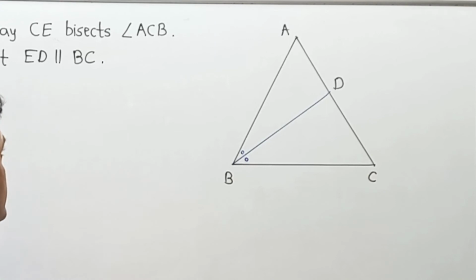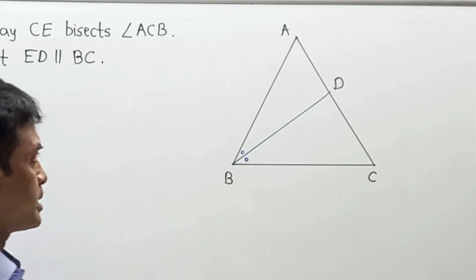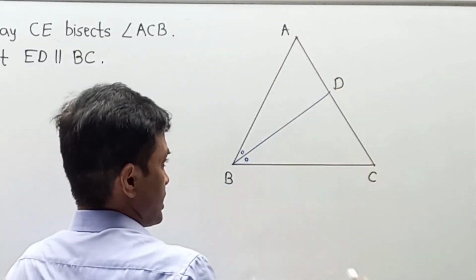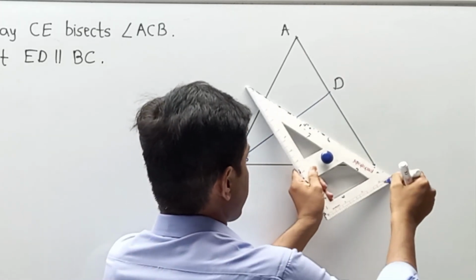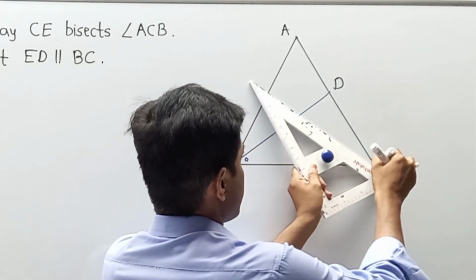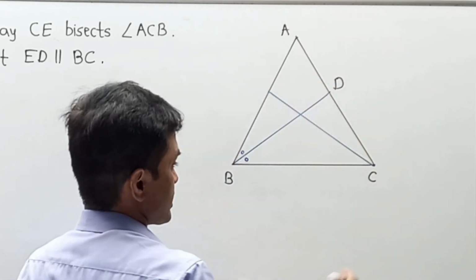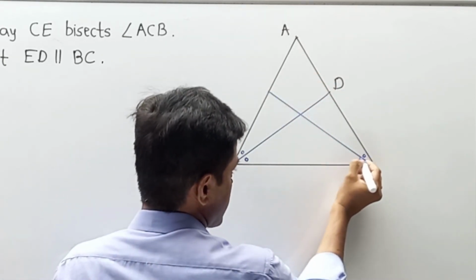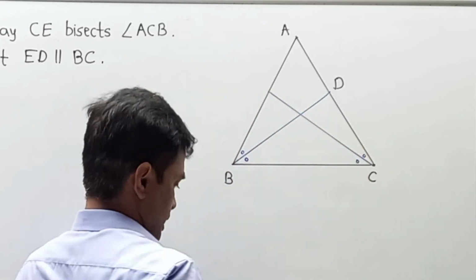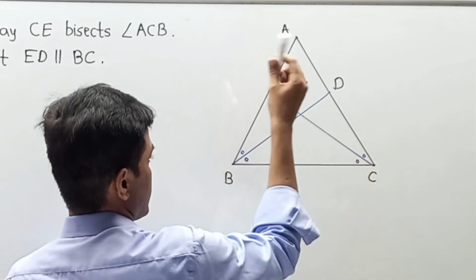In a similar manner, CE bisects angle ACB. Angle ACB is also bisected by CE. So again, this part is bisected over here. Means again, this angle equals this angle, and the name is CE.